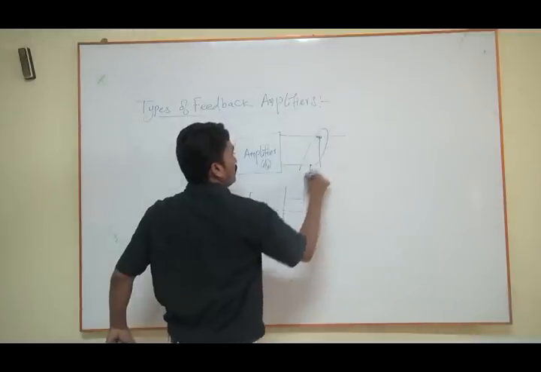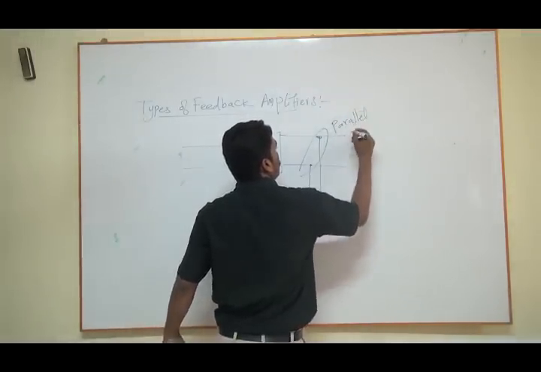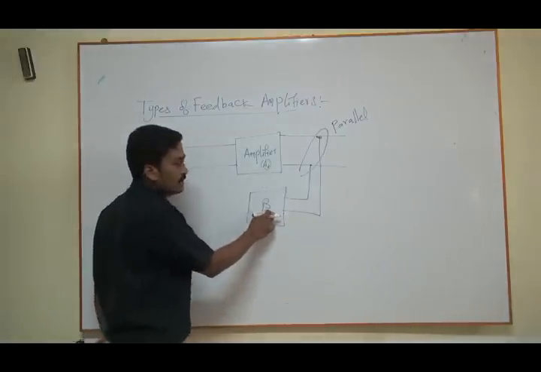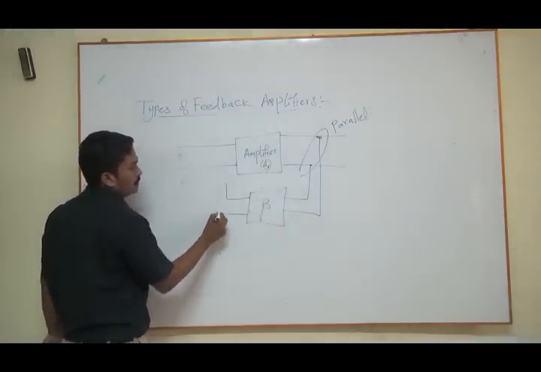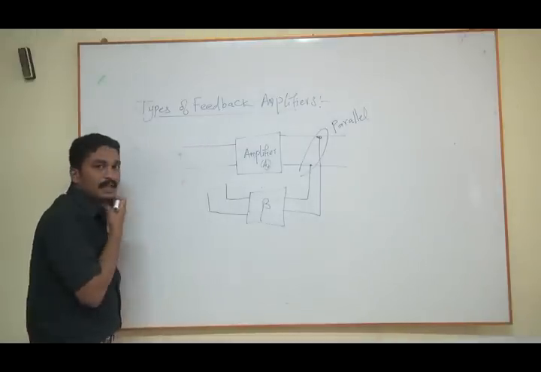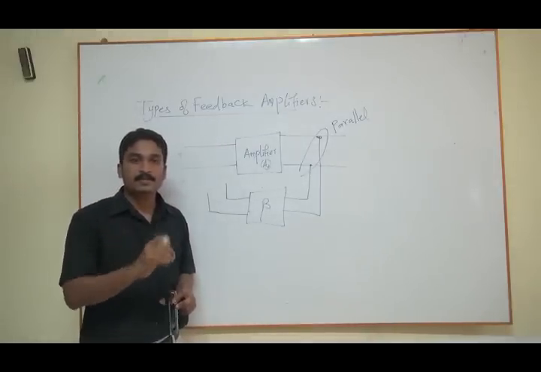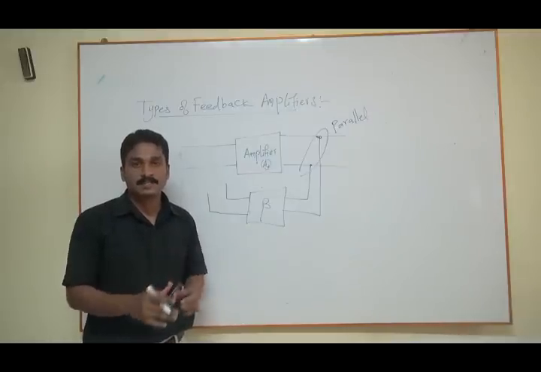So this parallel connection draws voltage through the beta, and that we have to connect to the input side. And as I told you, your feedback signal reduces the input side voltage or current or input side signal.